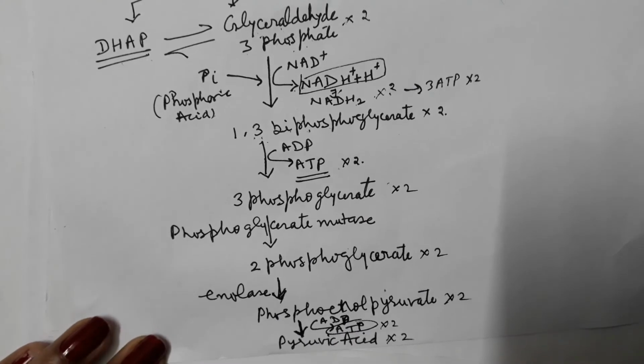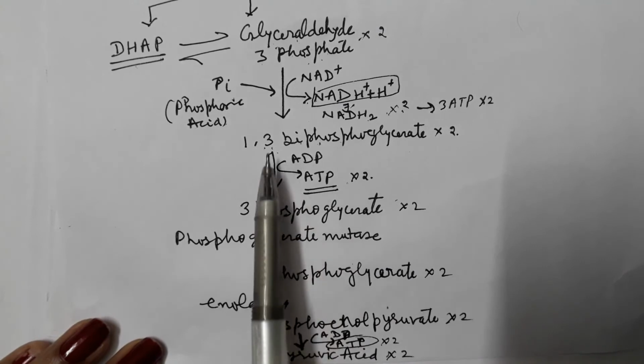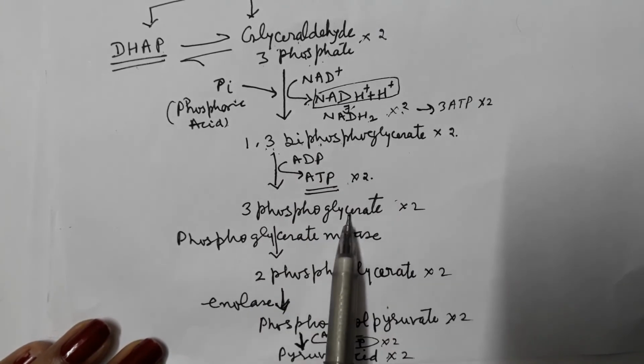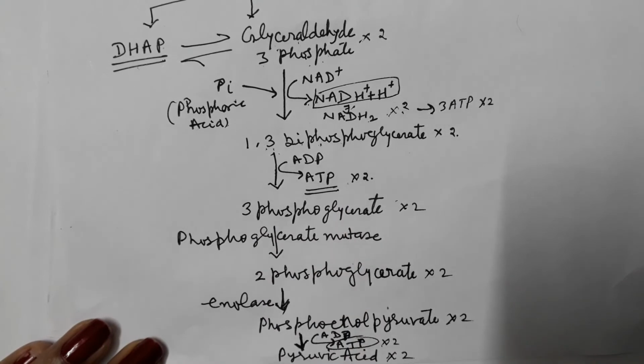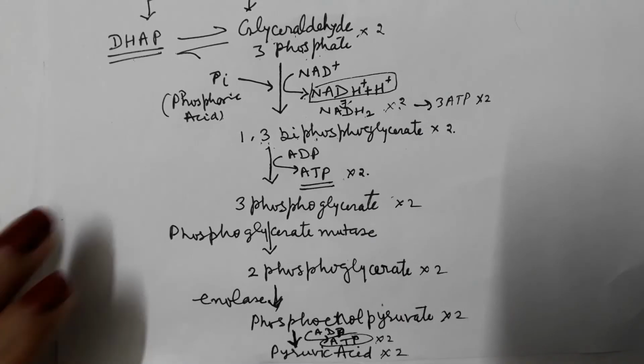So on the whole, here when 1,3-biphosphoglycerate is converted into 3-phosphoglycerate, 2 ATP are produced, and in the last step phosphoenol pyruvate is converted into pyruvic acid, 2 ATP are produced here. So on the whole 4 ATP are produced here.